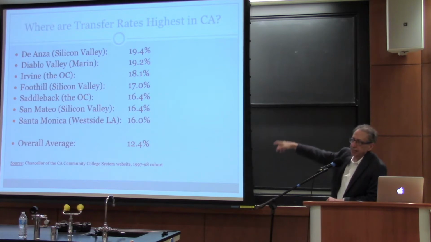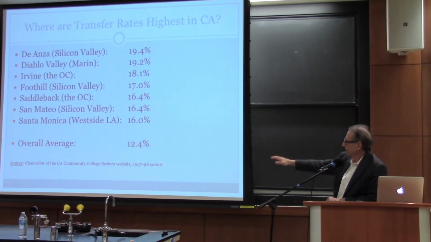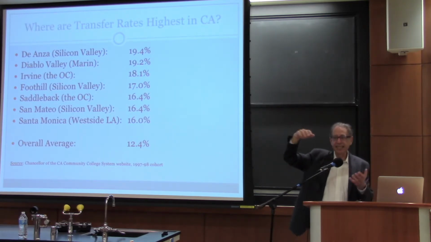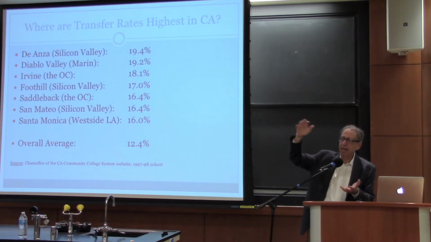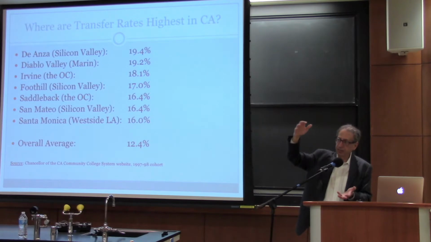If you look at it, every single one of the top ones is located in a wealthy community in California, and the same thing is true at the bottom end. The ones where transfer rates are lowest are in the poorest communities in California.